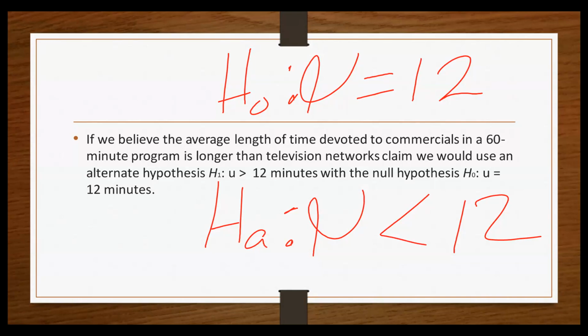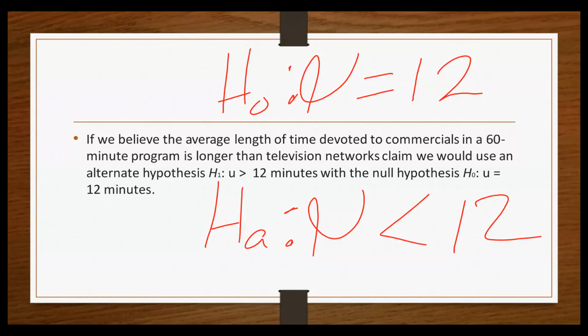If you believe that the first claim is understating or undermining, then your alternative will be greater. Because if it is understating, which means you believe that it is less, it should be more than that.